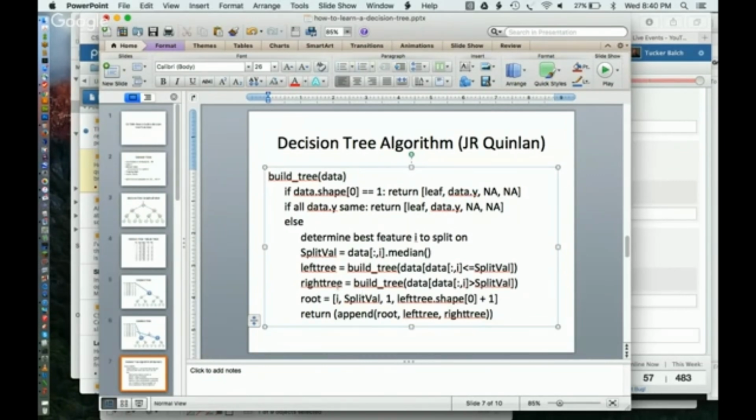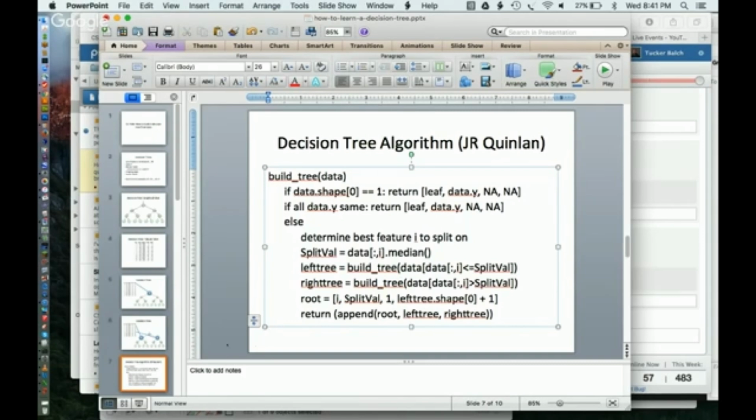The first column is going to be the factor. The second column is going to be the split val. The next one is always going to be 1 because the left tree always starts at the next row. And you don't know until this line, until you do this computation, how large the left tree is. You could determine it by essentially executing this, but you don't know how many rows are in the left tree until you do this, because the data size may be a little bit different.